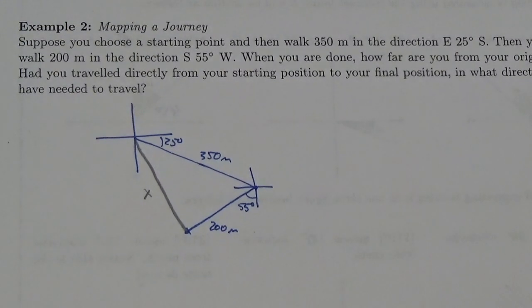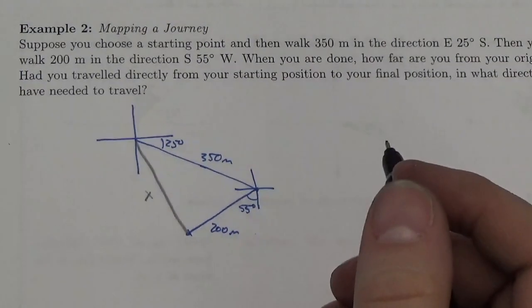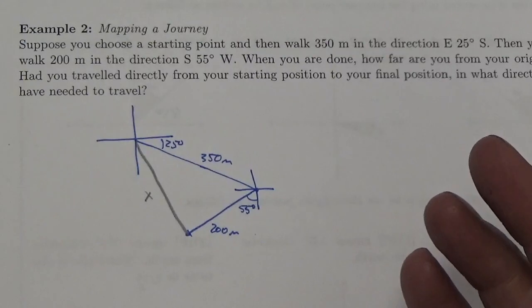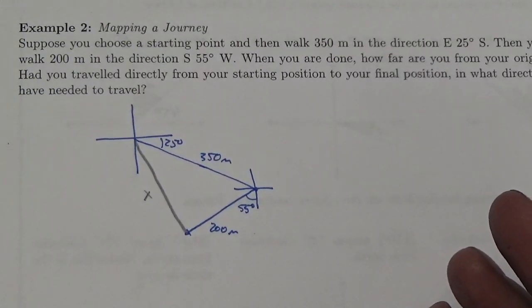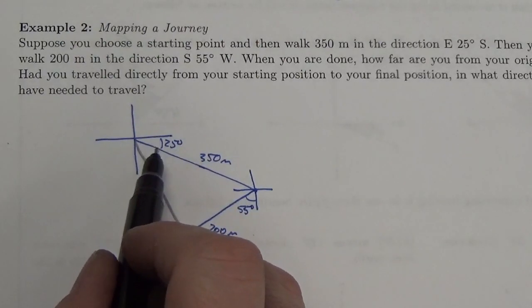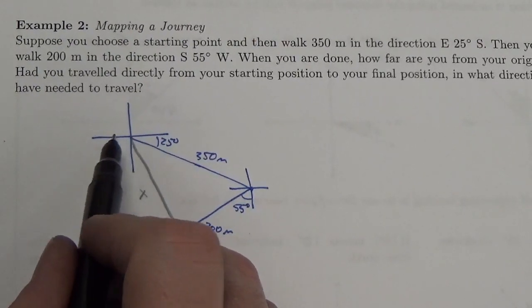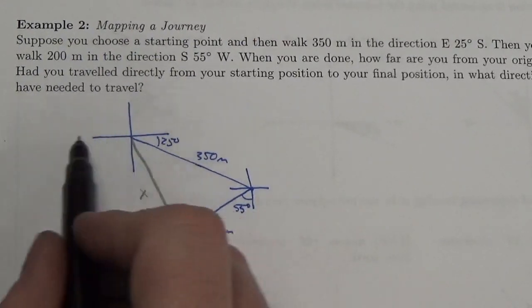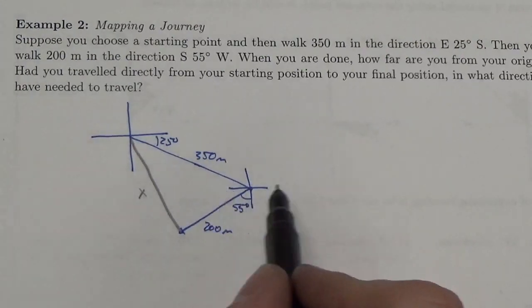Okay, I'm going to change the color here a little bit. So now, what I need to do here is figure out, well, what do I know? Okay, well, I know that if this is 25 degrees right here, well, I know that the west-east lines are going to be parallel to each other.